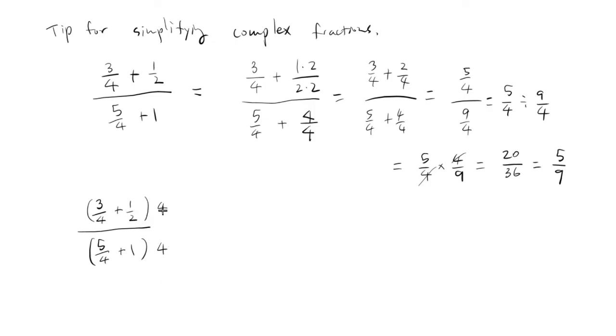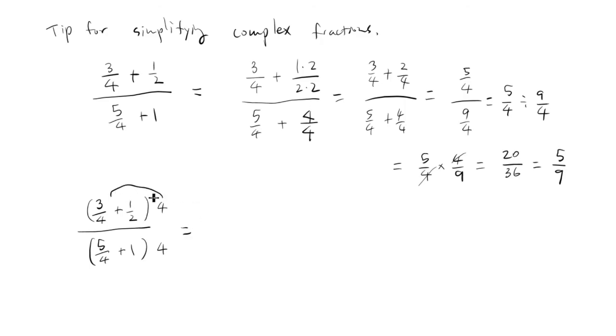In this case, it's 4. Now, in a fraction, you're allowed to multiply anything to top and bottom. You can multiply by 8 over 8 or 10 over 10, it doesn't matter. That's because what is 4 over 4? That's 1, right? So if you multiply by 4 and divide by 4, that has the same effect as multiplying by 1. So that's why you're allowed to put any number on top and also on the bottom.